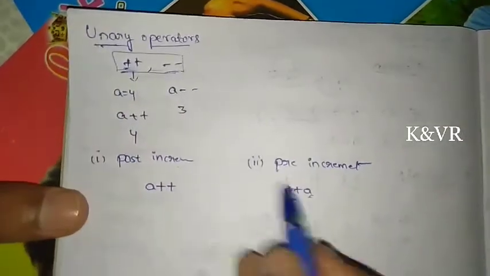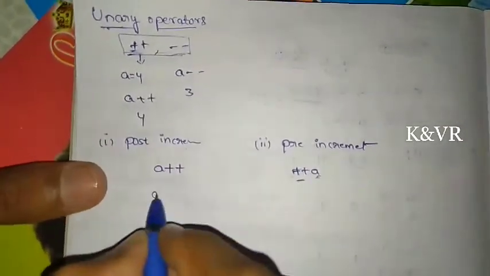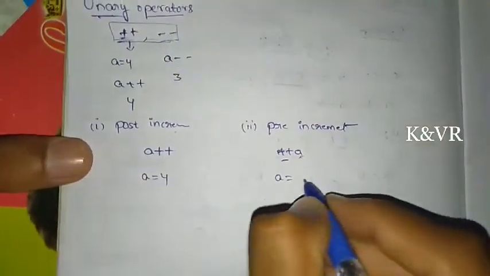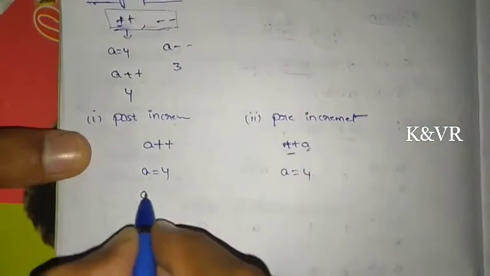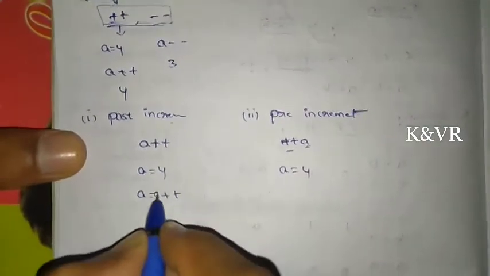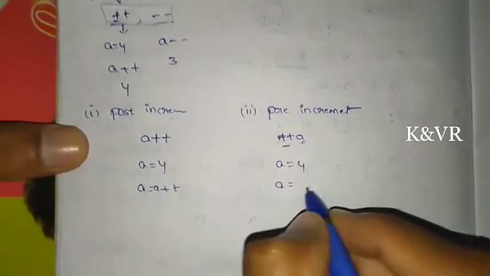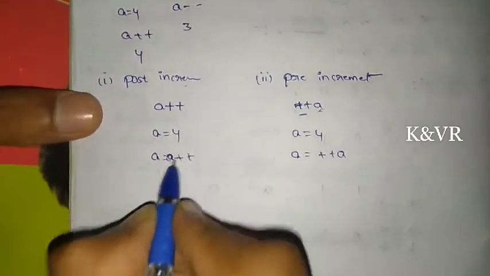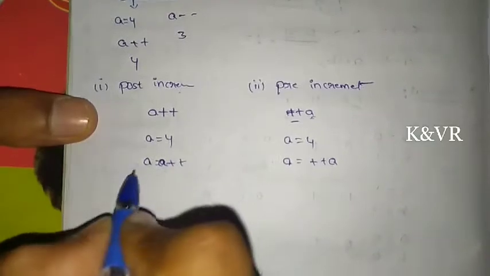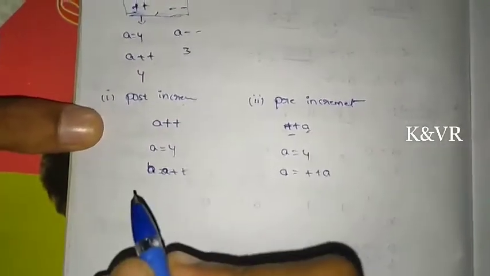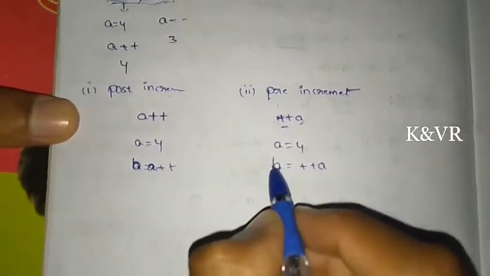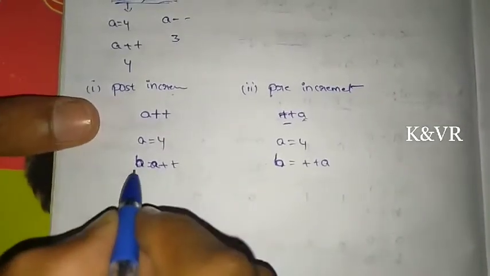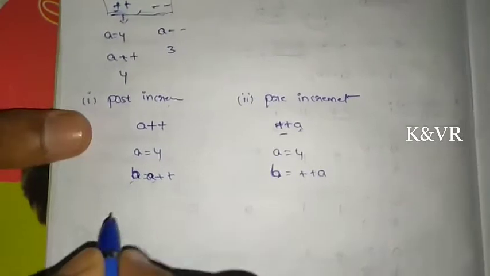What is the difference between these two? I am assigning a as 4. Now I am using b equal to a plus plus. So I will take another integer variable b. What is the result if I print the value of a and b after this statement?